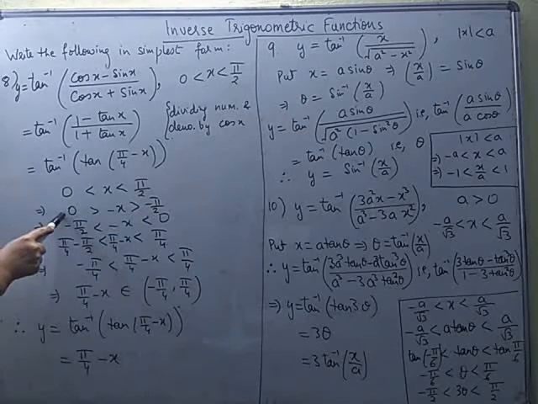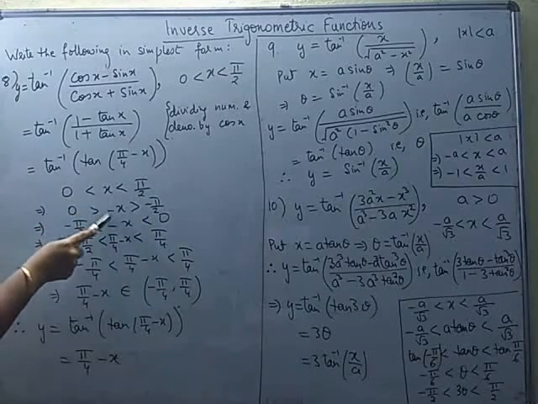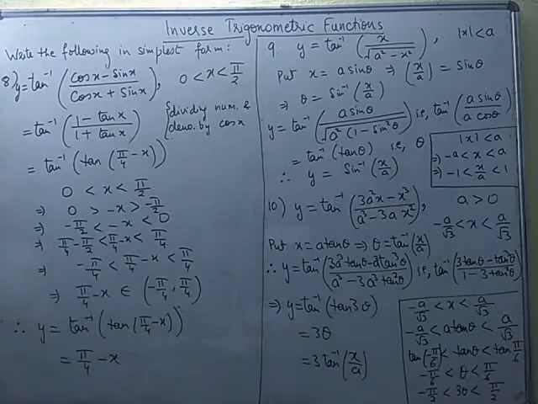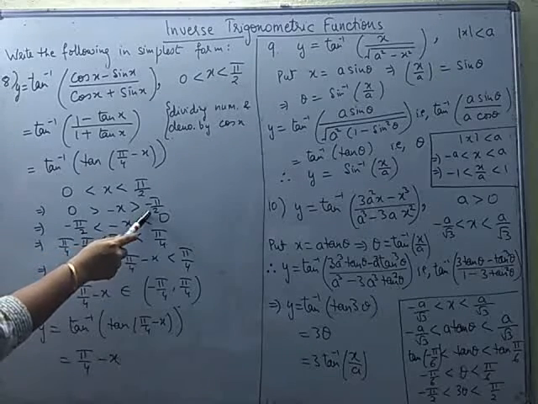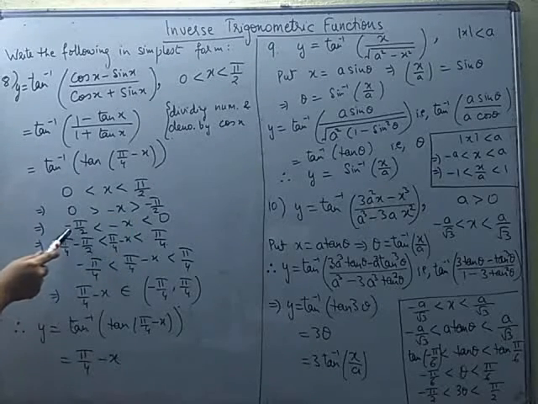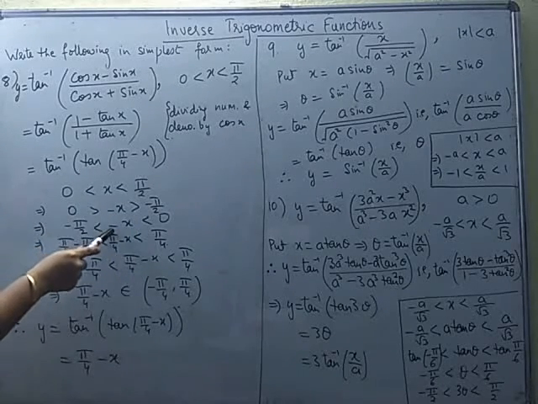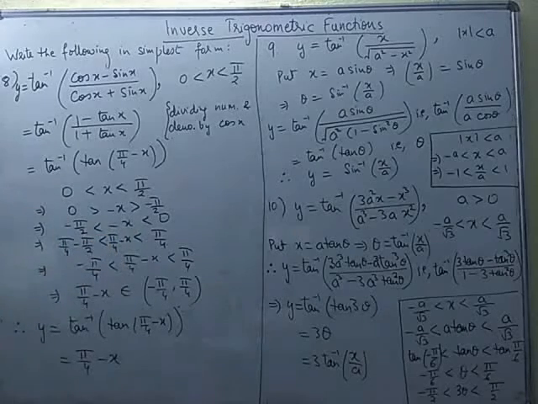So 0 into minus 1 reduces to 0, this becomes minus x, and the inequality changes because you are multiplying by a negative number, and this is minus pi by 2. Writing it in proper order, minus pi by 2 is less than minus x, which is less than 0.